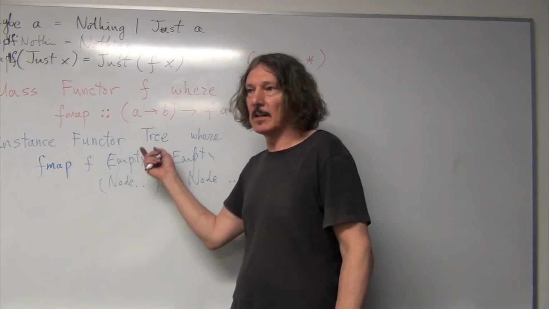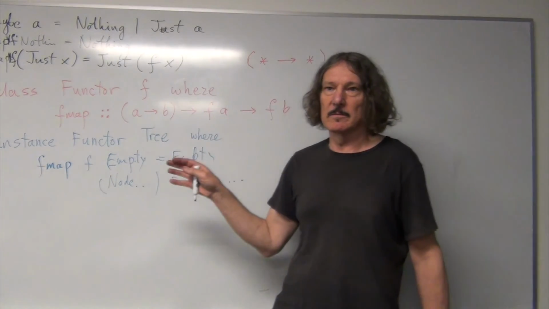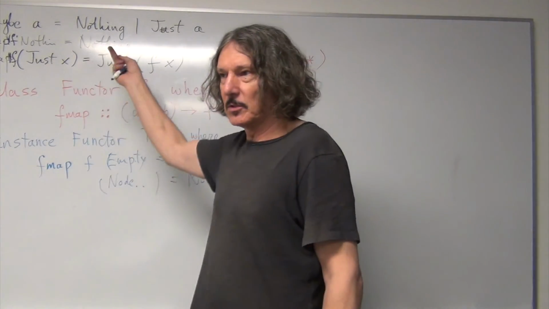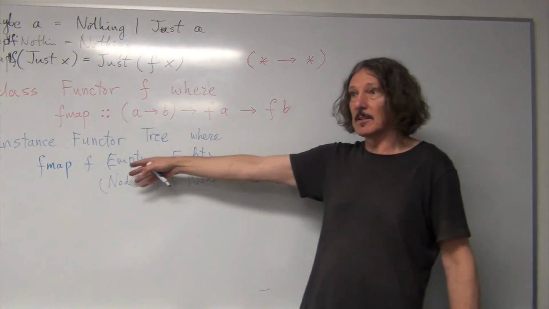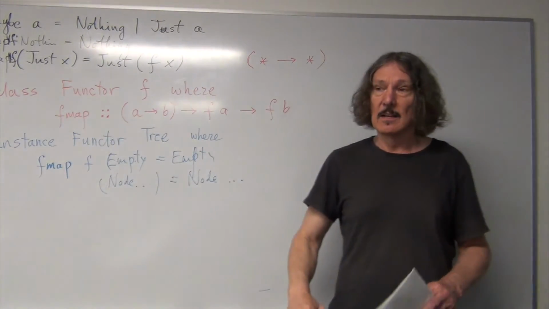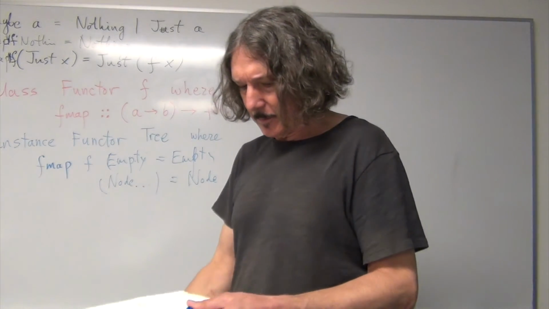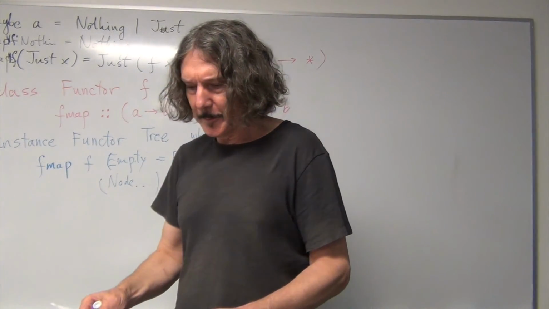I could have done this right here on the spot. I just wanted to show you first the implementation, but you can just implement it right here on the spot inside the instance definition.